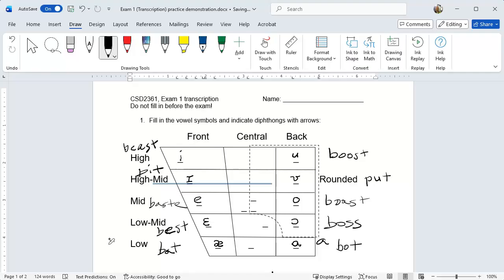Then we have the slightly more complicated ones in the middle. Inside the dotted box that's marked rounded, we have our r-colored vowel, so that would be in burst, like my appendix. And then we have another version of that we're going to learn about at the beginning of the second unit. Similarly, we have our vowel which would be in bust.